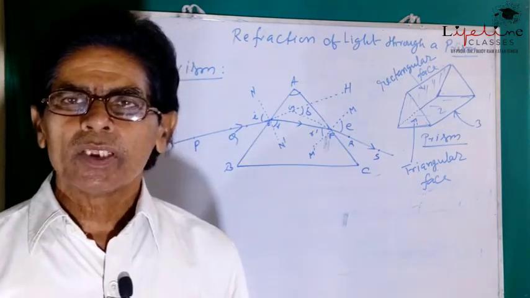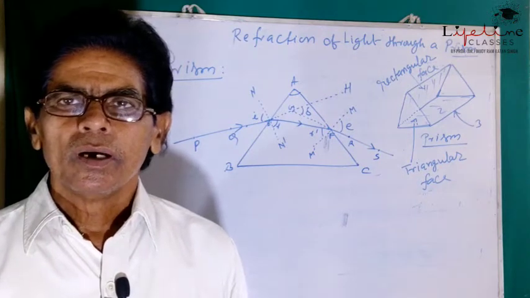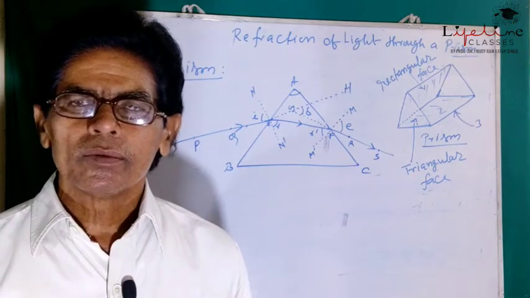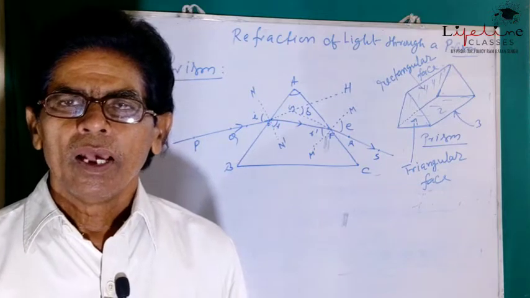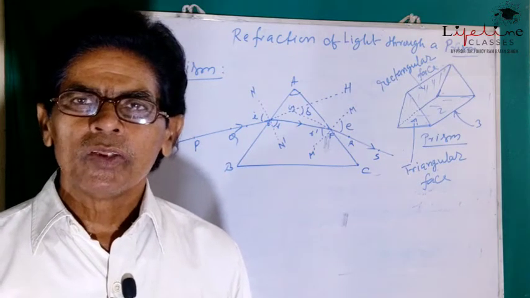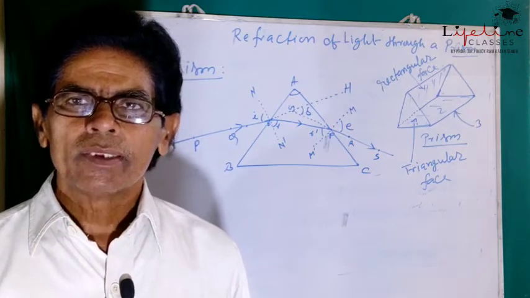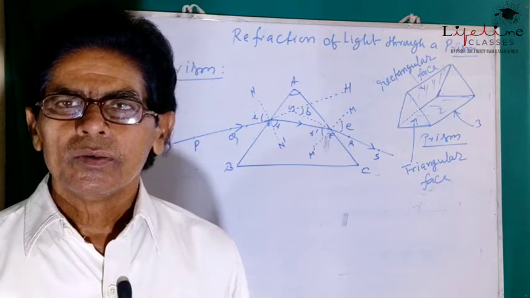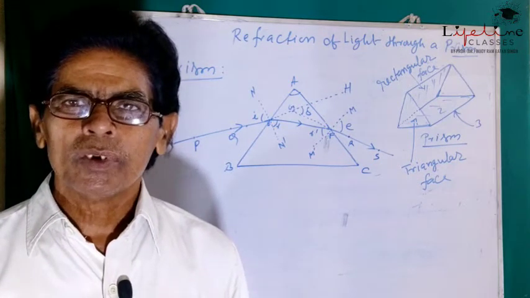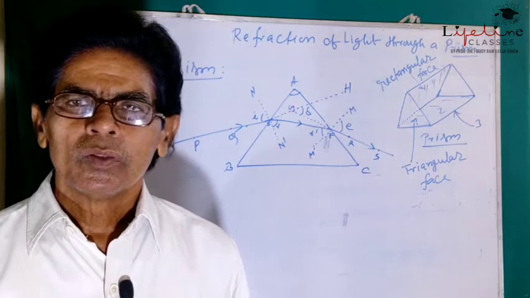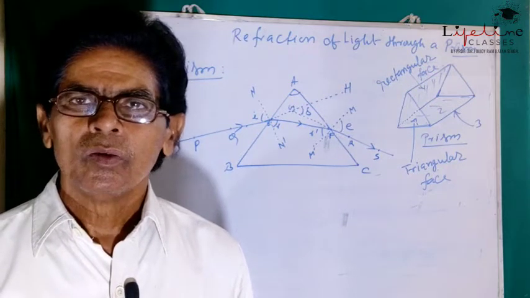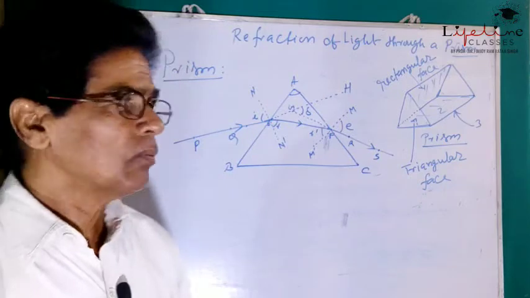The triangular faces are opposite to each other, and all the three faces are inclined with respect to each other through a definite angle known as angle of prism.